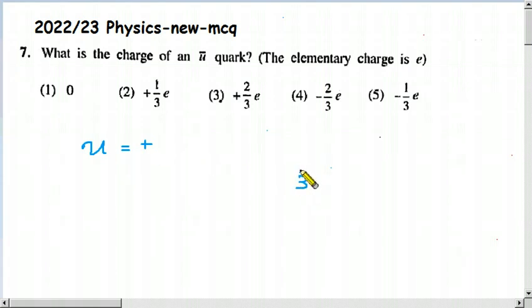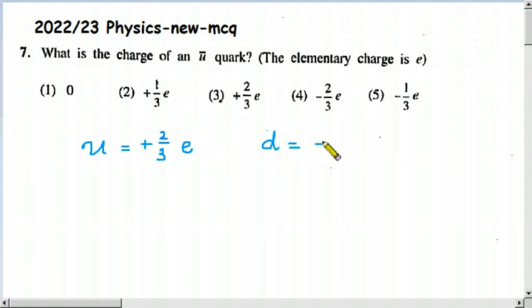There are two numbers, 1/3 and 2/3, that go with these quarks. Since this is an up quark, the magnitude should be the greater one, 2/3. So the charge is positive 2/3 times E.